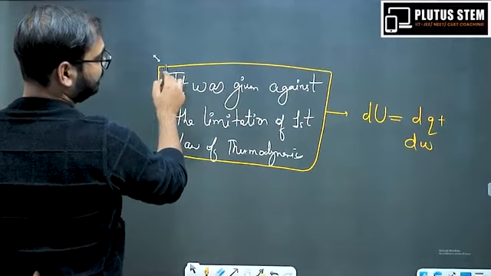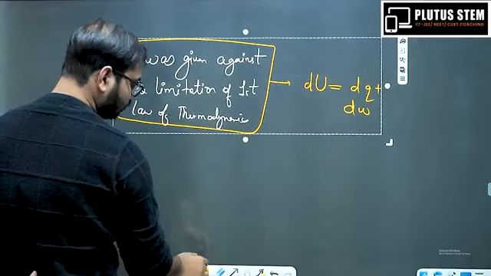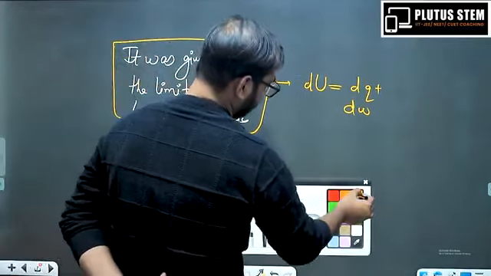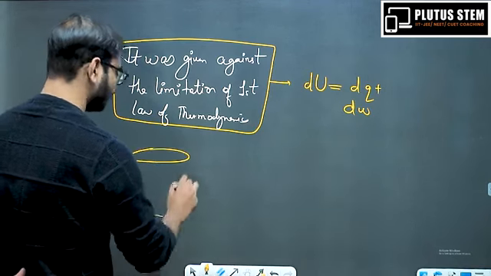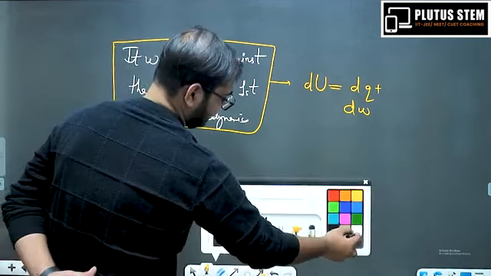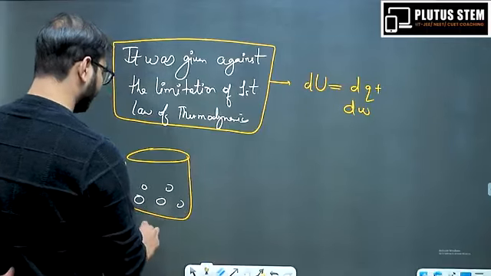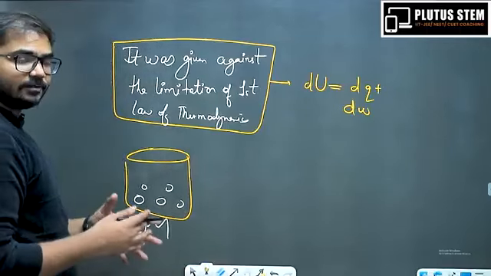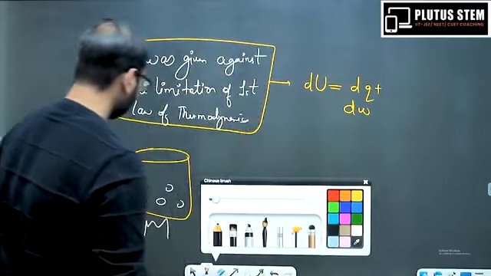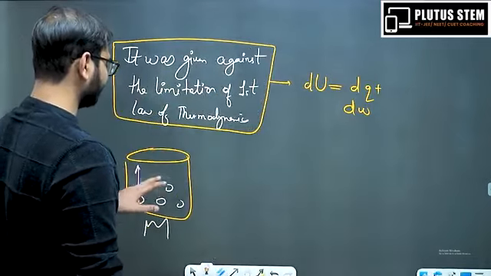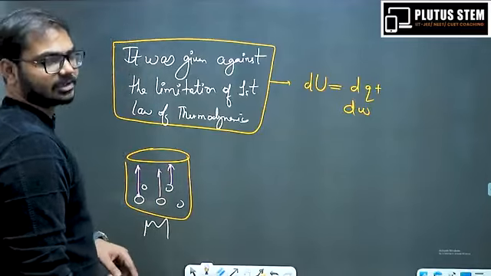But the problem is that the first law of thermodynamics does not talk about, let's say, a vessel containing some liquid particles, and I'm providing heat to it. As per the first law, whatever amount of energy I'm providing directly leads to the conversion of this liquid to vapors.